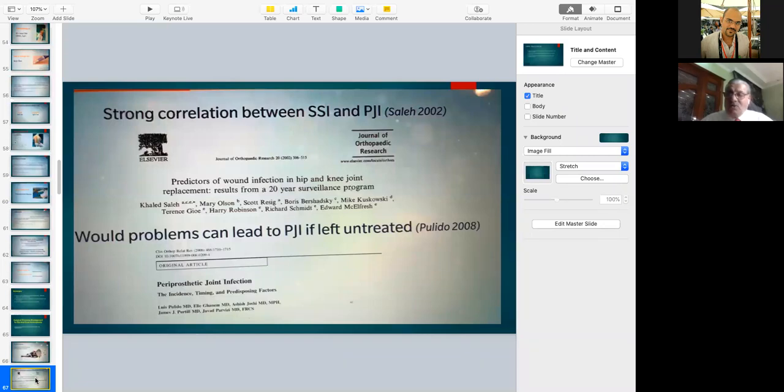Why? Because there is a strong relation between SSI and PJI. During these 48 hours, when SSI happens, it reaches the subcutaneous tissue and may cause PJI.